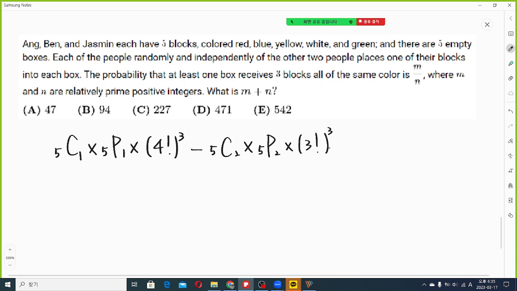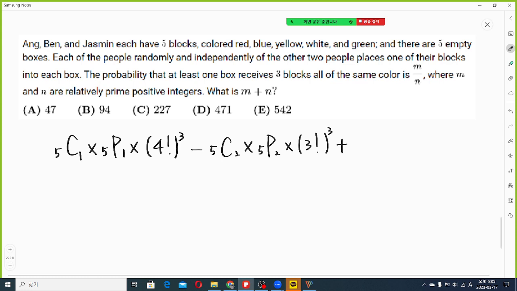However, this one also contains the case when three boxes contain the same color. Because of this random arrangement, there will be an additional box containing the same color. That means because we subtracted this case, we are adding back the case when three boxes contain the same color.